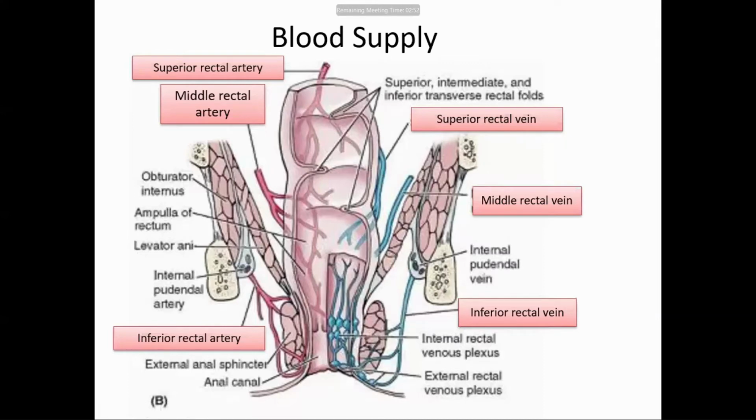This pelvic splanchnic nerve, also called the nervi erigentes, is formed by the S2, S3, S4 segments of the spinal cord.